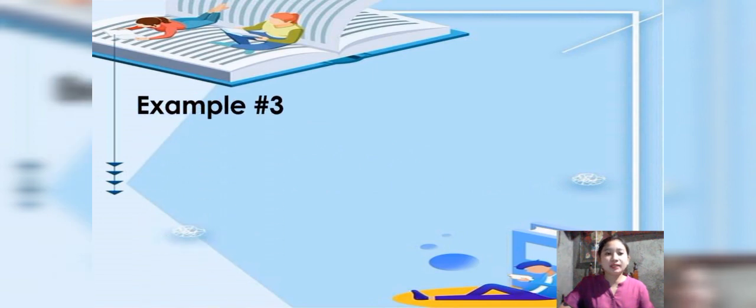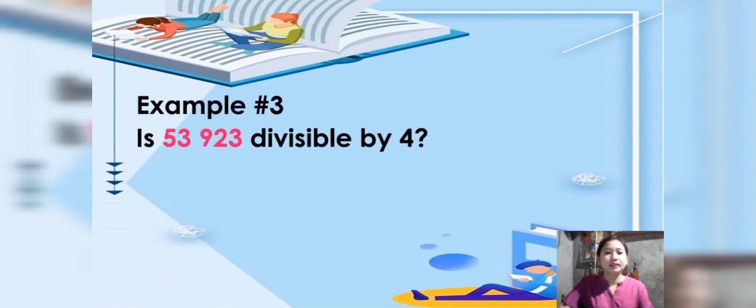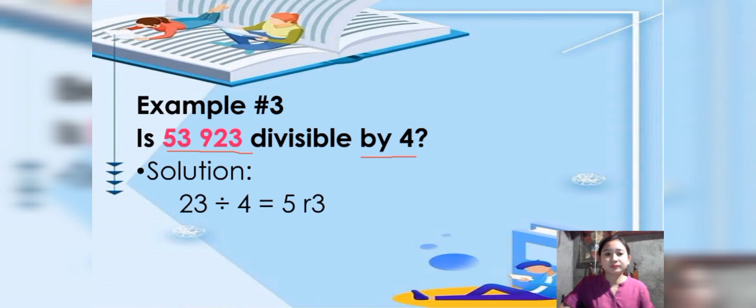Another example is, is 53,923 divisible by 4? Here's the solution. The last two digits are 23. Now, let's find out if it is divisible by 4.